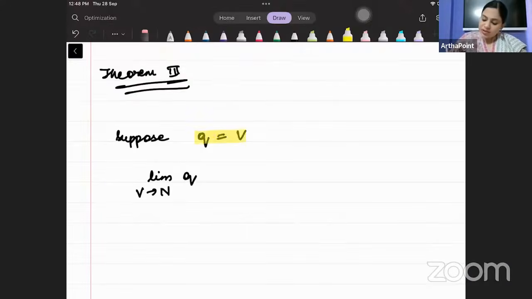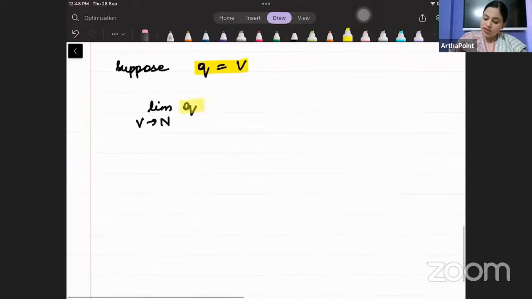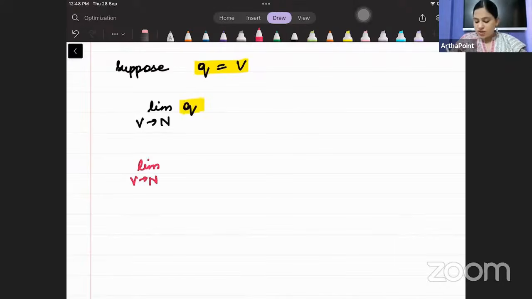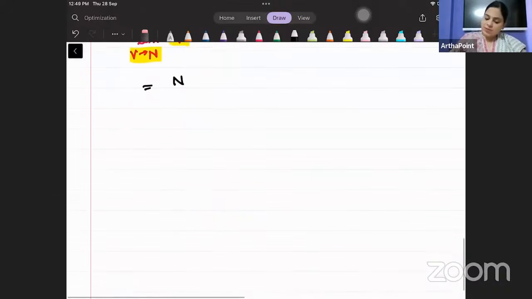So beta, Q is equal to V. So instead of Q, I can just put V. So I will get limit V tends to N of V, and wherever there is V, I have to replace it with N. So beta, what will this simply become? N. So the answer to this question will be N. Okay?